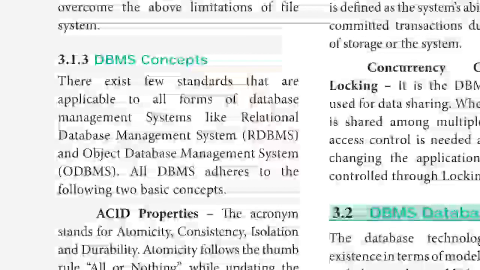These are particular standards, like ISO for products and FSSAI for food safety, kept to safeguard the products. Likewise, RDBMS and ODBMS are the standards for the safety and security of the database software.